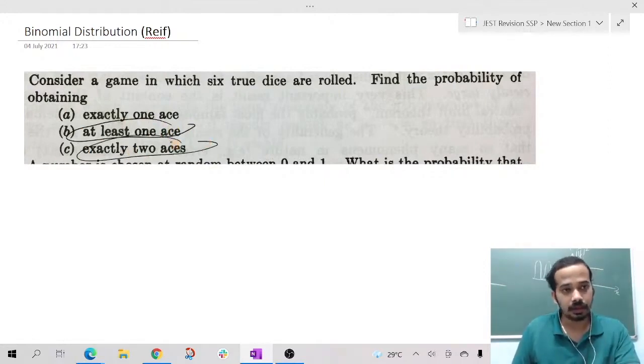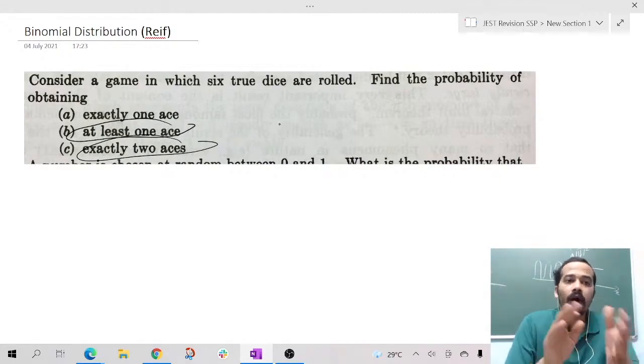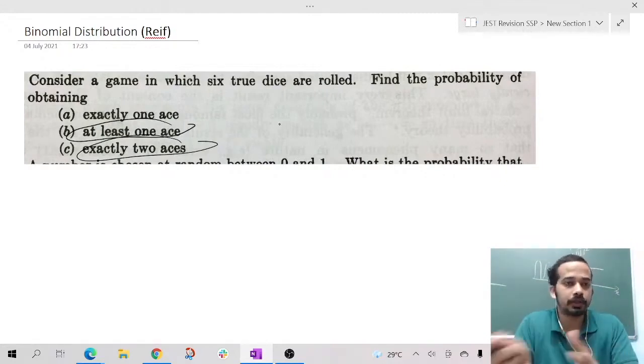Look at here. He's talking about occurrence of ace or non-ace, isn't it? Are you getting my point? Occurrence of ace or non-ace. Exactly one ace, at least one ace, exactly two aces, like that. So this problem also contains occurrence and non-occurrence. Two possibilities. That's why we can apply binomial distribution.